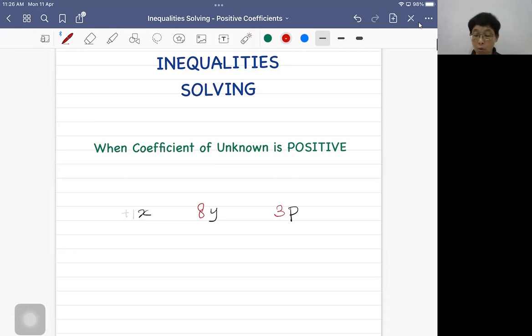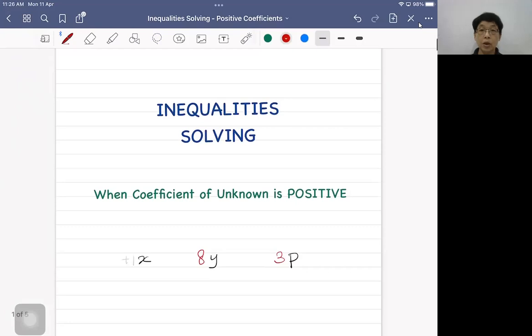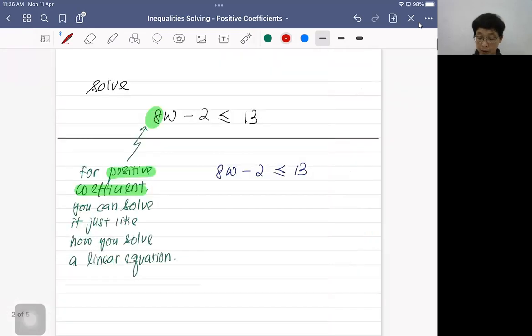Okay, let's go into some examples. How do we deal with solving the inequalities involving positive coefficient? I've given this example: 8w minus 2 less than or equal to 13.